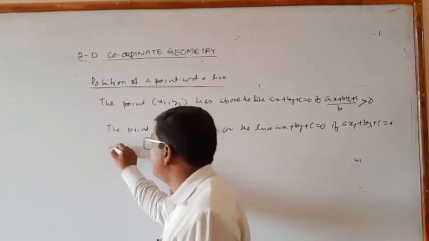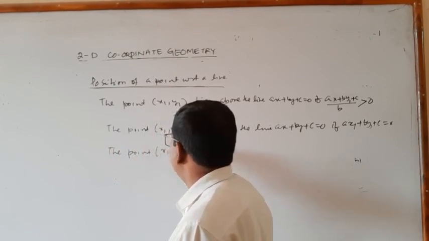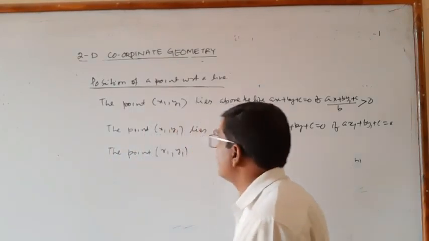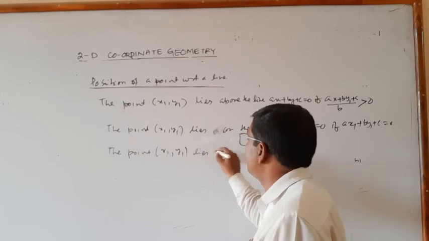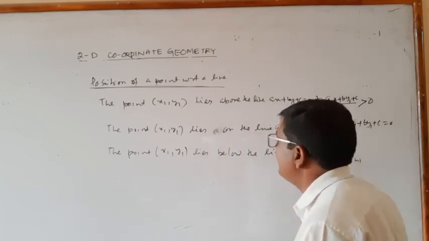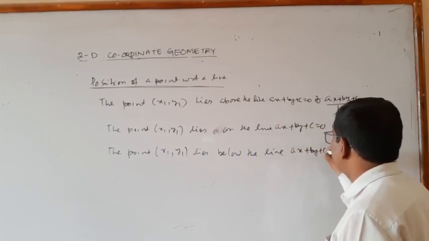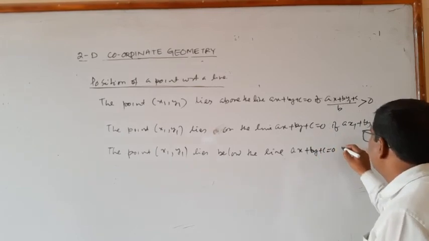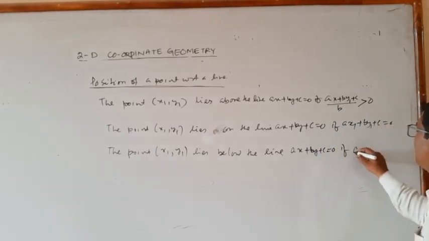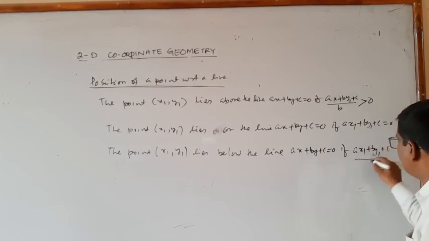The point x1 y1 lies below the line ax plus by plus c equal to 0 if ax1 plus by1 plus c divided by b is less than 0.